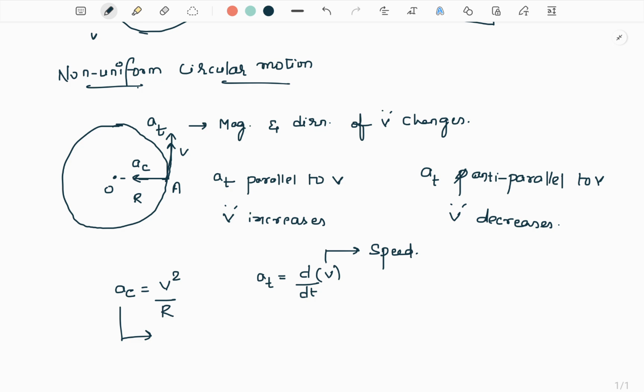So it would have both a centripetal component as well as a tangential component, and the resultant of these two would be the actual acceleration of that particle going in that circular path. So this is about circular motion briefly. We will discuss a few problems in a later video.